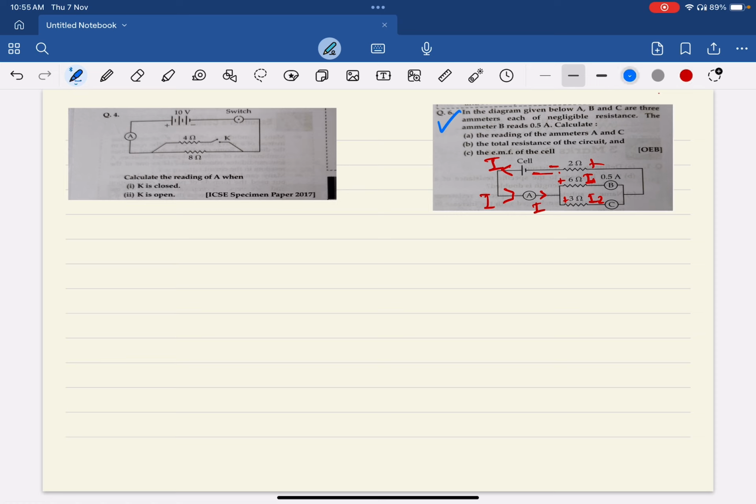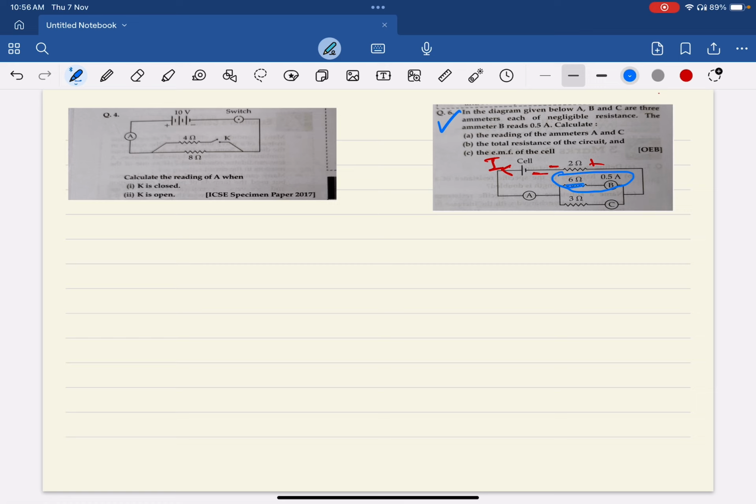Now coming back to our question, if I have to find A, I should know what I is. If I have to find C, I should know what I2 is. Now, going back to the property of parallel combination of resistors, let us understand from the given question what is the potential drop across the 6 ohm resistor.